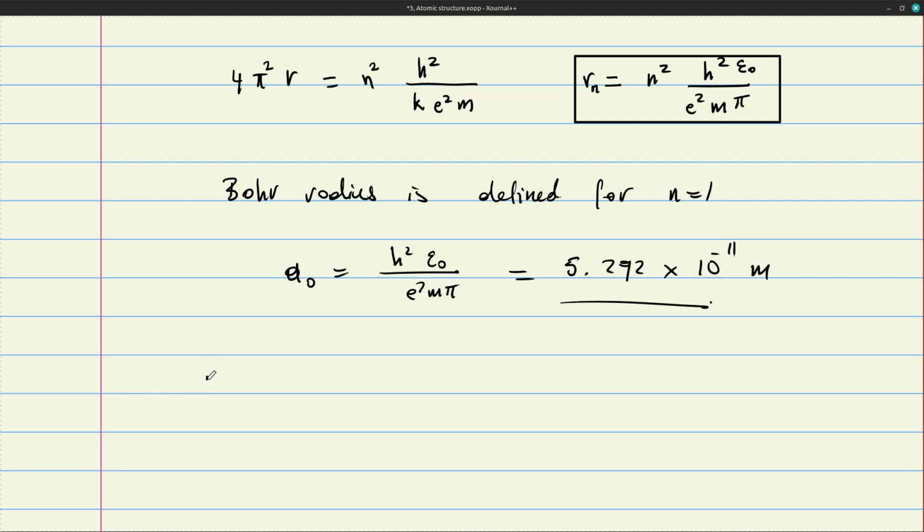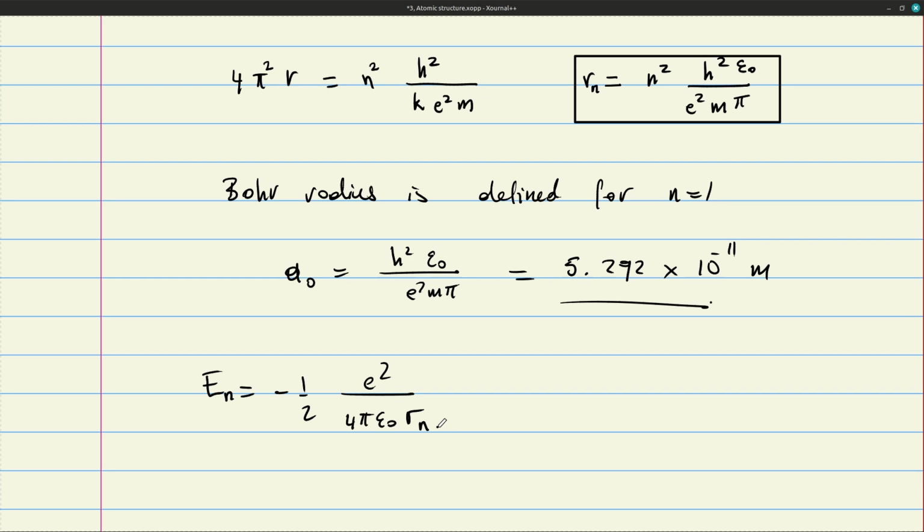And if you remember, energy was equal to minus a half of the Coulomb energy as total energy. I think we derived that in the beginning. So minus a half e squared over 4 pi epsilon naught r. Now I can substitute this r with whatever I found, r_n. Is that clear? I already had this r.